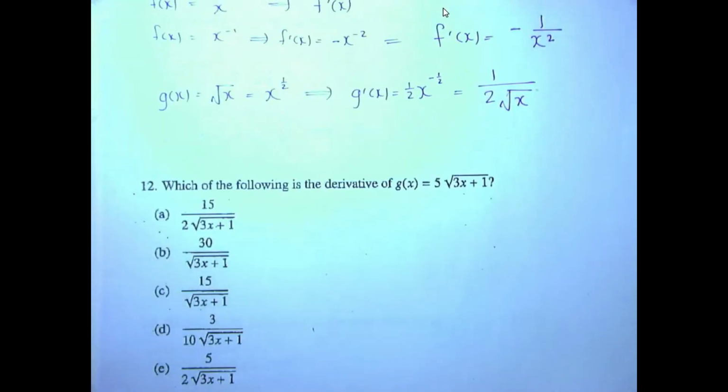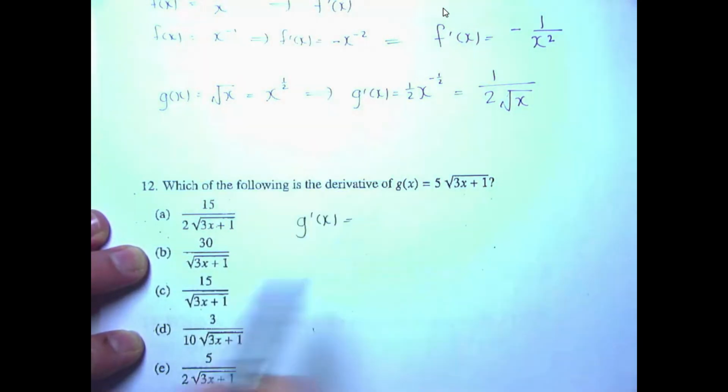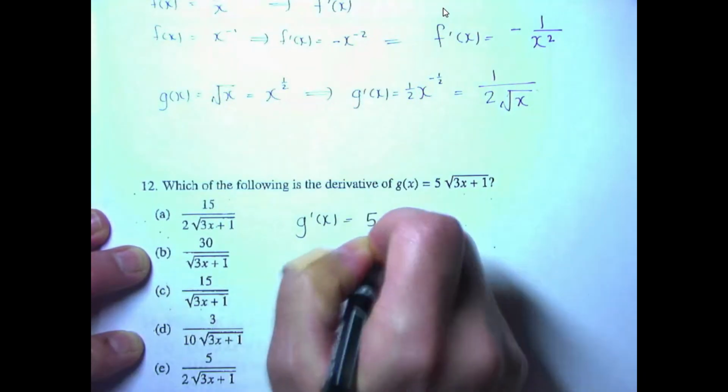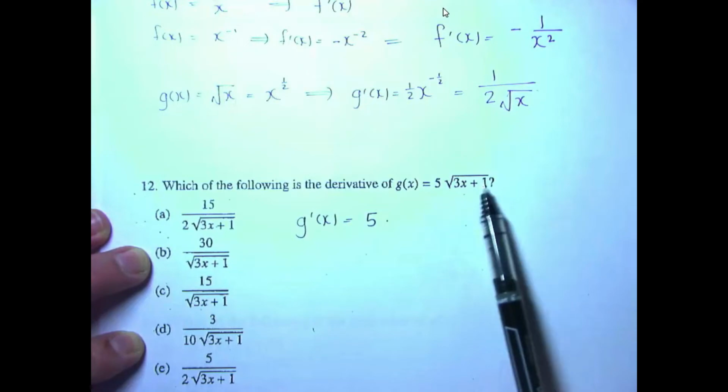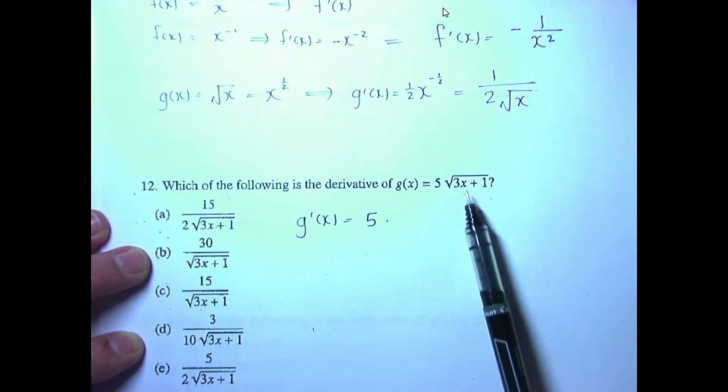So for problem number 12, we are looking for the derivative of g(x) equal to 5 times the square root of 3x plus 1. The derivative g'(x) is equal to, 5 is a coefficient, so just put 5 down. Now, this is going to be a chain rule problem because this is not just the square root of x, it is the square root of a function of x.